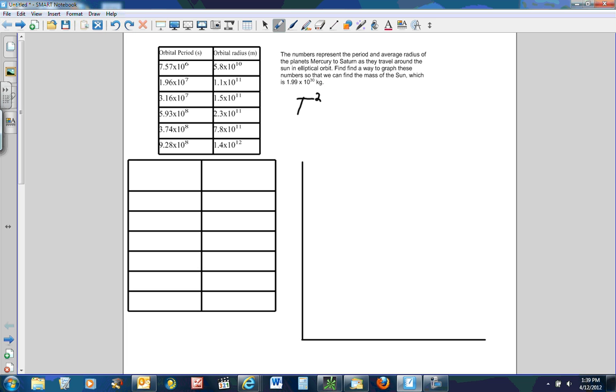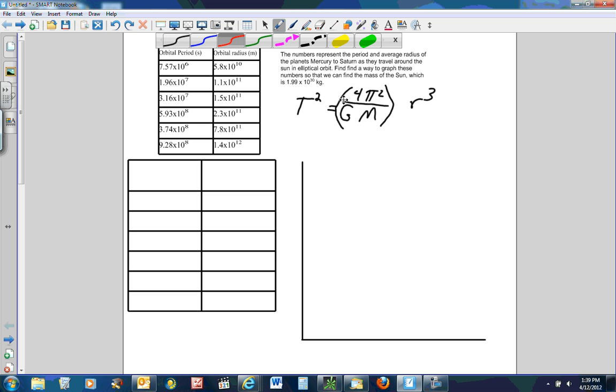T squared equals, and there's r cubed over here, and then there's this thing in the middle that's 4 pi squared big G over M. And so really what we would be looking for in this is right here. That would be the mass of the sun.